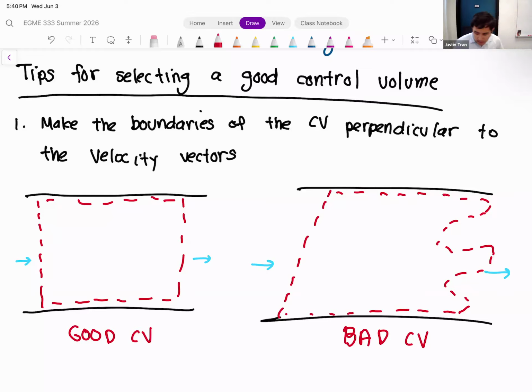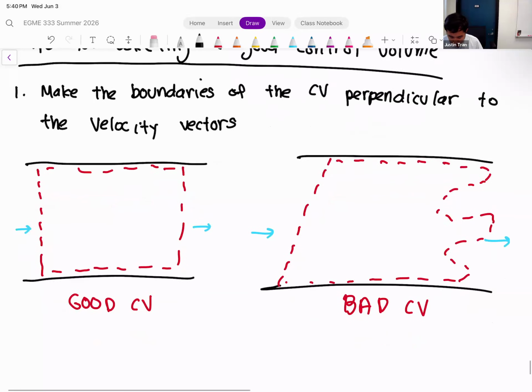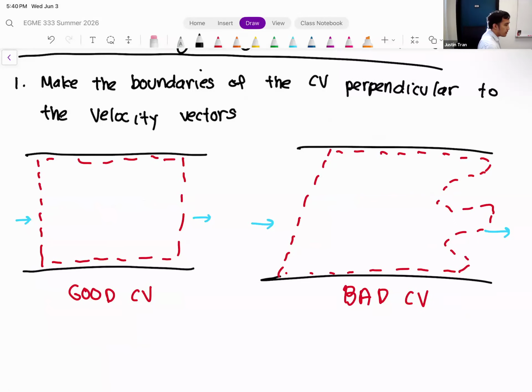Now along that same token, technically this is still part of the same tip, so we'll call this tip 1A. This is not really going to apply to this class because, again, in this class mostly we're going to consider fairly simple flow situations. But if you have a very complex flow that's going in all different directions, try to draw the boundaries of your control volume in a location where your flow is the simplest.